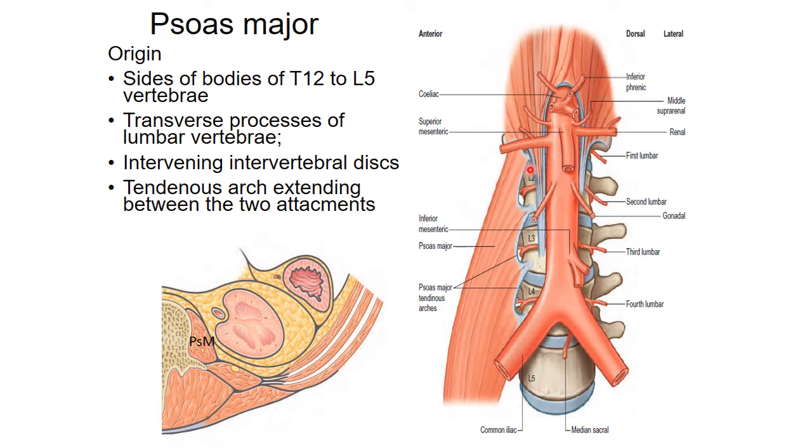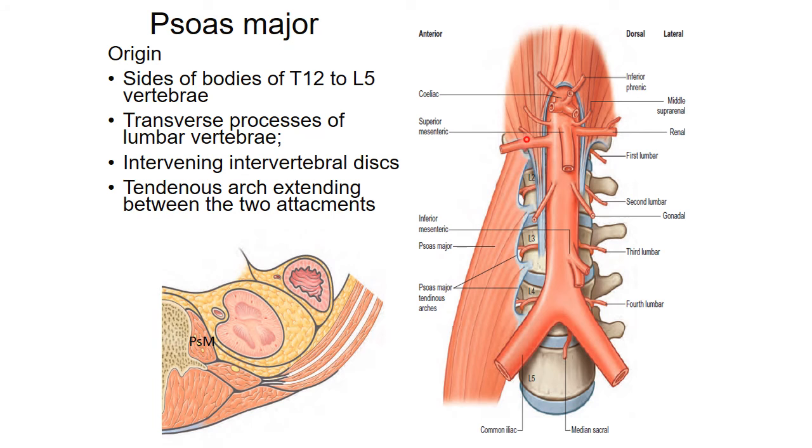Then, so this will be the attachment somewhere here on the body and the transverse process. Below that, the intervening intervertebral disc. These gray areas actually, they are intervertebral disc. So it also takes origin from the intervertebral disc. So there is one set of origin over here, another set of origin over here. So the origin attachment is actually jumping.